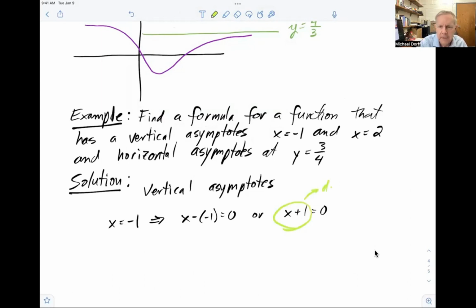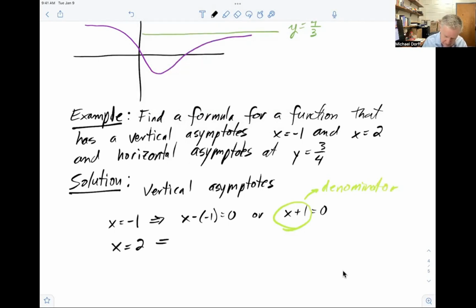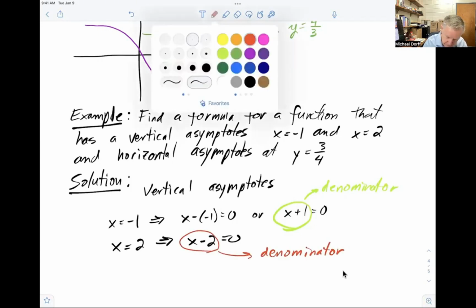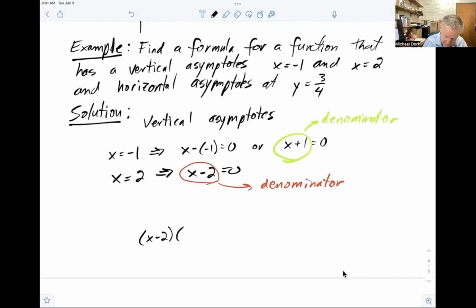Sorry, I've got to make sure I'm sharing the screen there. Right. So that should be in the denominator. That green doesn't look very good, so I'm going to use a different color here. And x equals 2, so that means I'm going to have x minus 2 equals 0, and that's going to be also in the denominator. So I'm going to have a function that has in its denominator x minus 2 and x plus 1.